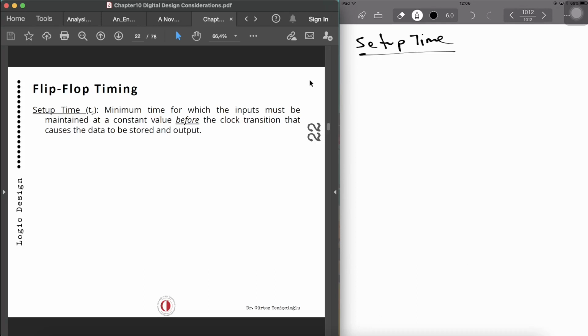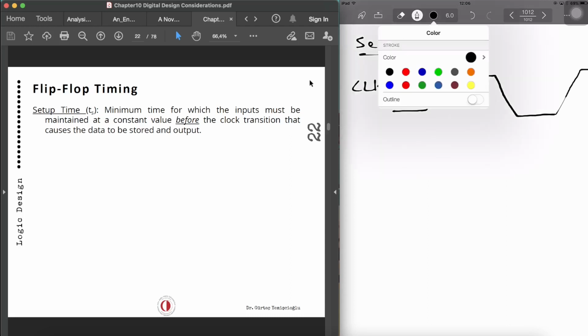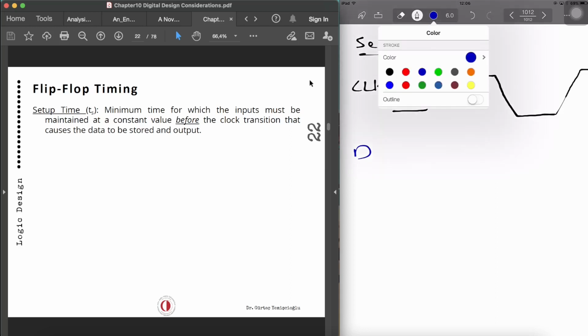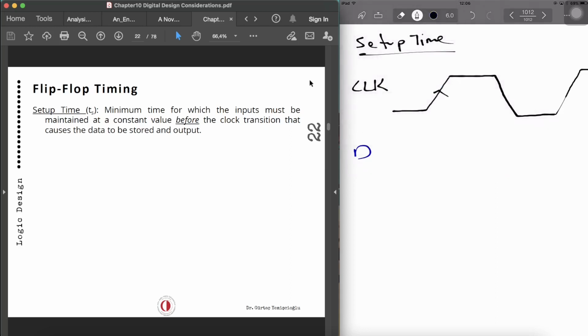Now, let's say we have got a clock starting from 0, changing, going down, and so on, a train of pulses. And we have got input D, which we are going to get ready before the clock. Now, let's say this clock is working with the rising edge.